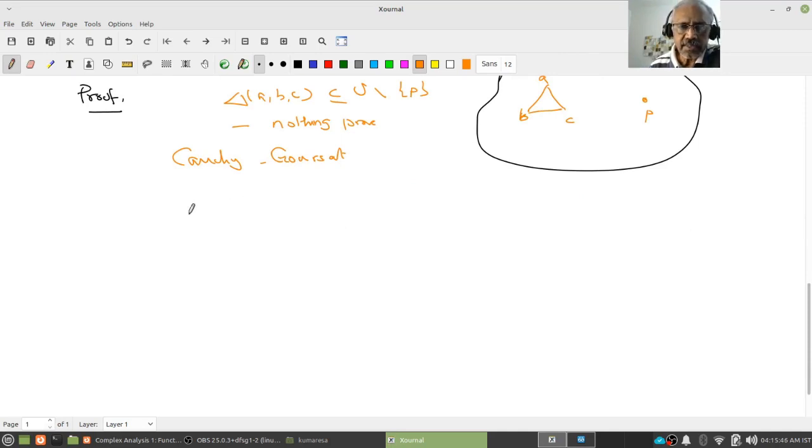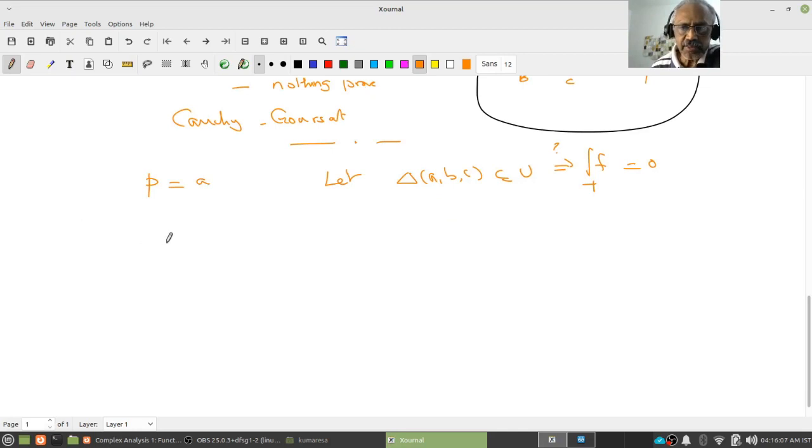So let us assume p happens to be A. Let delta ABC be a triangle in U, then I want to show the integral of f over T is 0, for any T. So what are the possibilities?